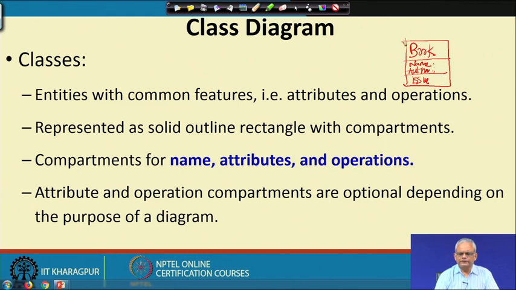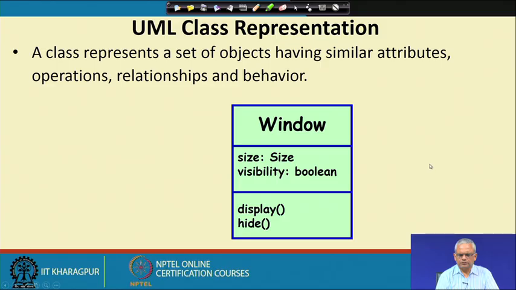So, we can have just one compartment with just the class name, or we might have the class name and the methods or operations applicable on this book, or we might have all of them together with three compartments.